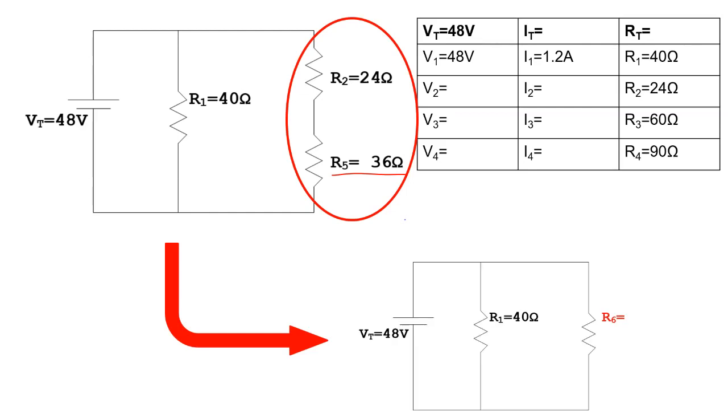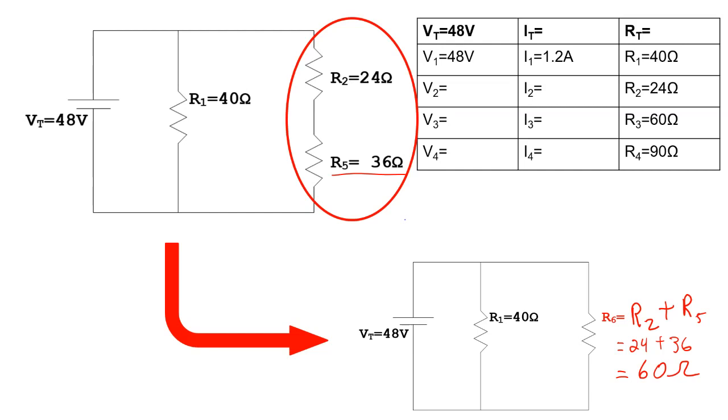So R6 is just going to be the sum of R2 and R5. Okay, if we plug some numbers in here, we'll get that our R6 is 60 ohms.